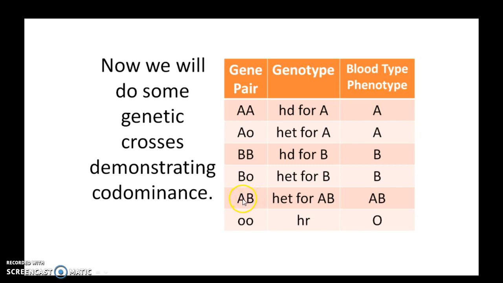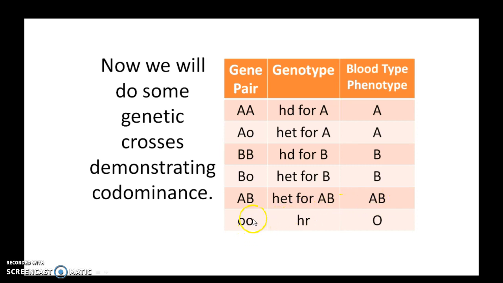We have 2 different letters here, so we do call that heterozygous, but we have to say het AB. So do we have A blood or B blood? Well, neither. Because A and B are codominant to each other, they are equally dominant, this would be type AB blood. You're going to see both A and B here in this situation, and you'll see them equally.